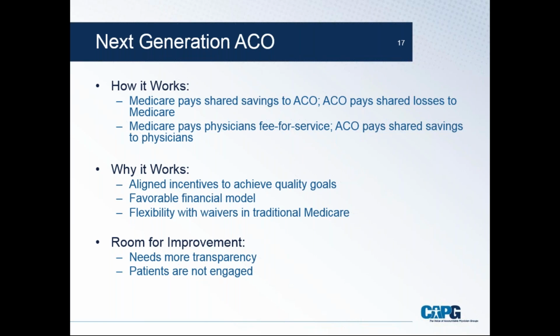They can share in that savings with the federal government. If the ACO overspends, spends more than what CMS predicted it should, the ACO has to repay money to CMS. So they pay a share of those losses to the federal government, a share of what they've overspent.